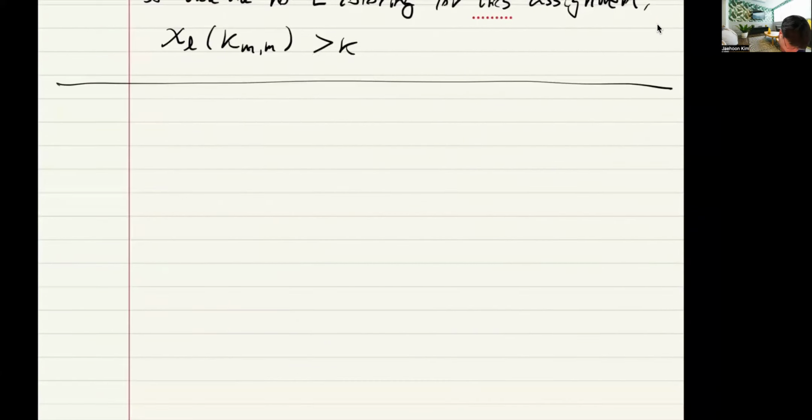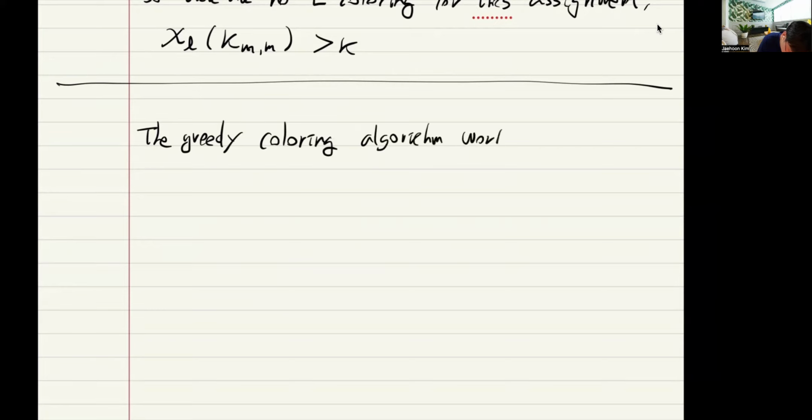However, the very basic bounds on chromatic number extend to the list chromatic number. One of them is the greedy coloring. This works for list coloring. So what it was: you choose vertices one by one, and then you give the color which is the least index color among the available ones, and you keep doing that.